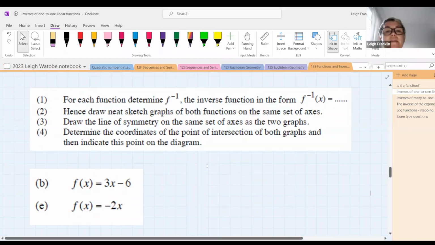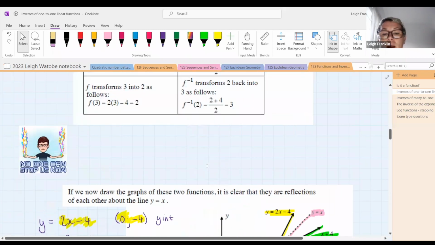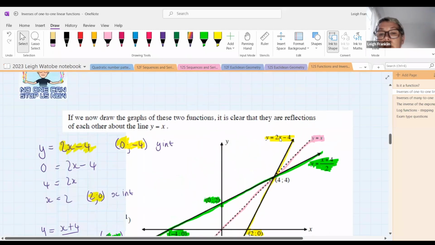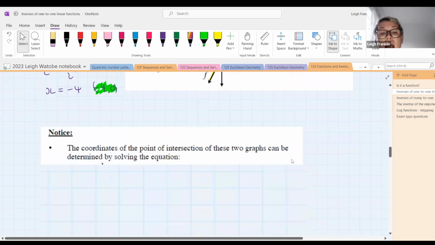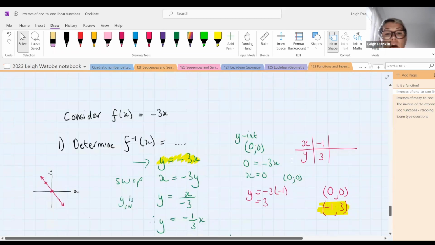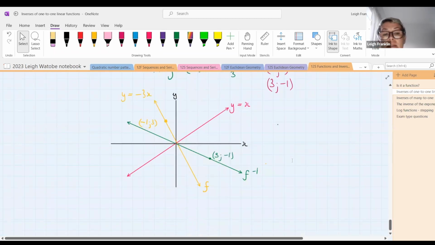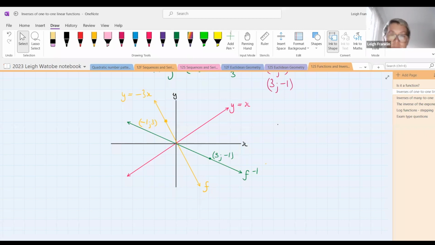If you have a look at this one over here, your gradient was originally 2, then it was a half. So the original graph is steeper than the inverse. And the same thing with this one over here. Your original graph is steeper than your inverse. So you'll find your inverse graph will always have a shallower gradient than your original function, irrespective of whether your gradient was positive or negative.